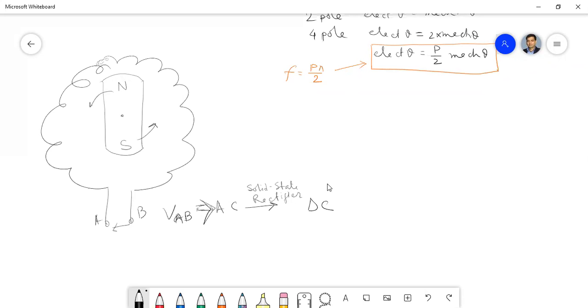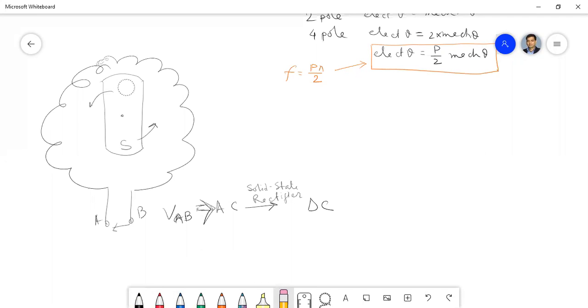Now the question is, in this type of machine that I have just drawn, here we need a permanent magnet. But think, if we don't have a permanent magnet, if we have an iron core, how can I make it a field? By a field coil. So where should I provide the field coil? Yes, that is my question.